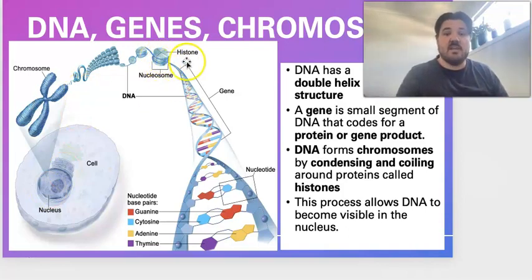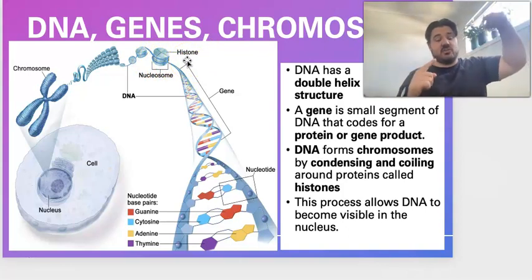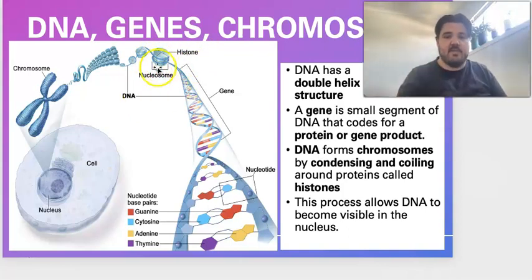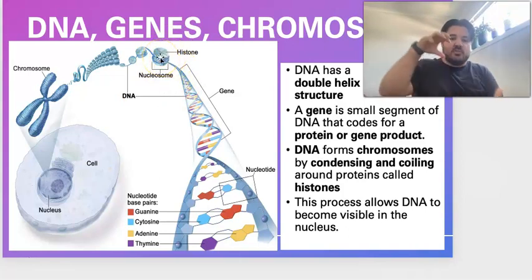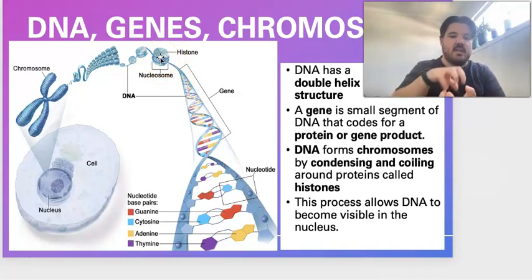You can see in this little image here. A histone is a protein, and the DNA is essentially like a shoestring, and it just wraps around the histone and forms these nucleosomes, and then a whole bunch of nucleosomes get packed down together. It gets really, really squished, and then eventually you end up with a chromosome.